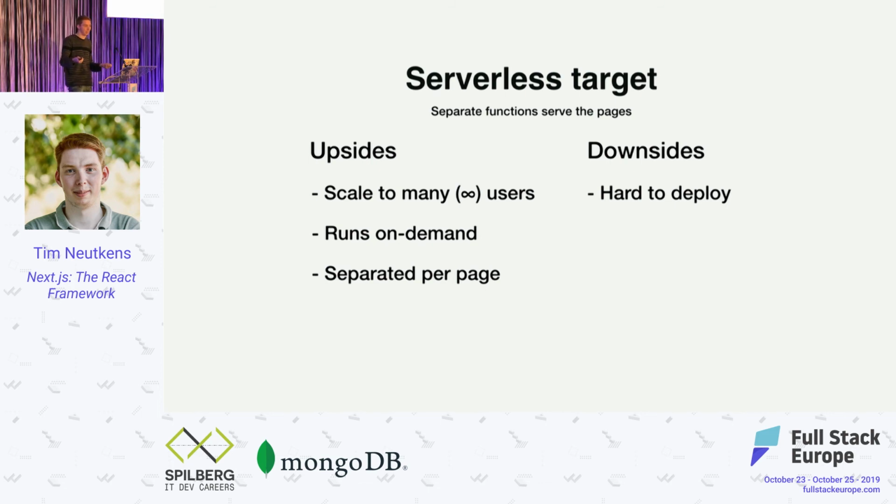We all want to make sure that your app never goes down. You can run it on demand, which means that you're not paying for servers to be running. And it's separated per page, so you get scaling on a granular level. The downside is it's really hard to deploy. You have to create all these separate serverless functions and some extra infrastructure to make that all work.